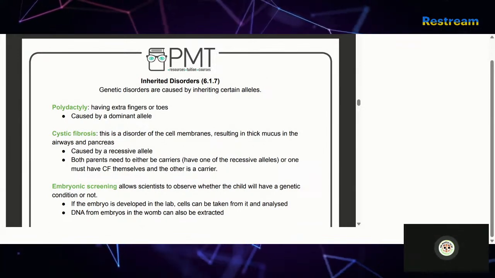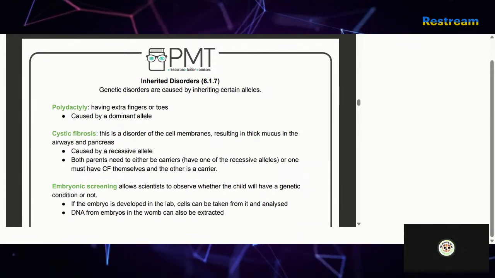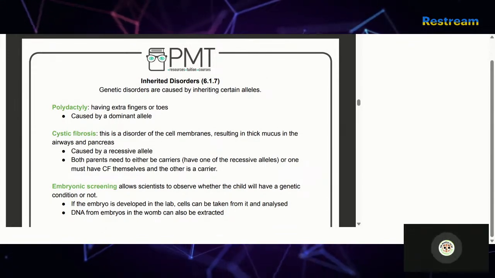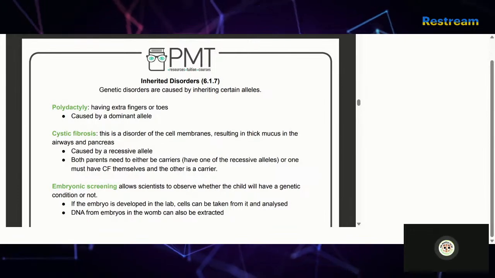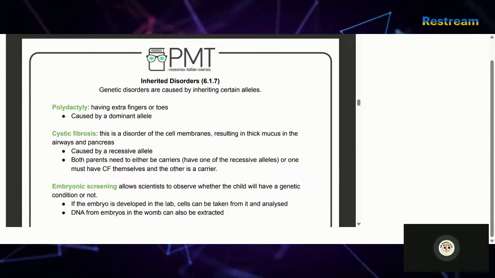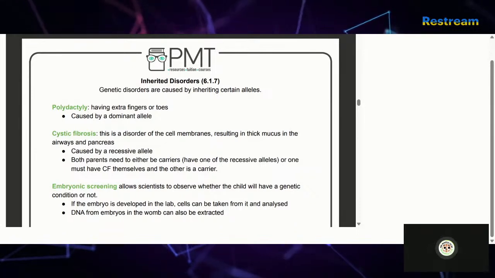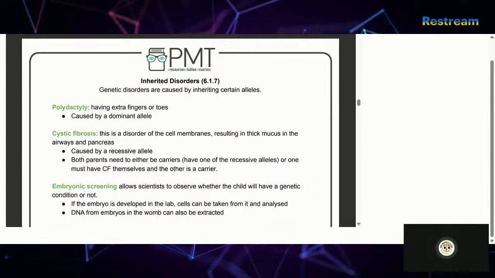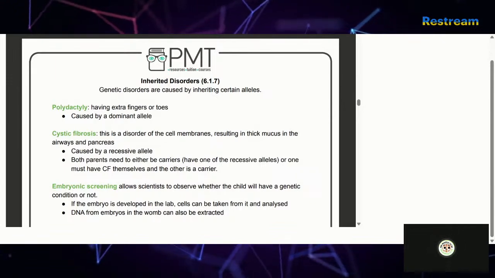Now, embryos can be screened for genetic disorders. Embryo screening happens during IVF as well, and the genetic disorders can be detected, and you can also get the DNA from an embryo in the womb, as well as the ones that are growing in a lab. However, there are ethical, social, and economic concerns because it's quite controversial.